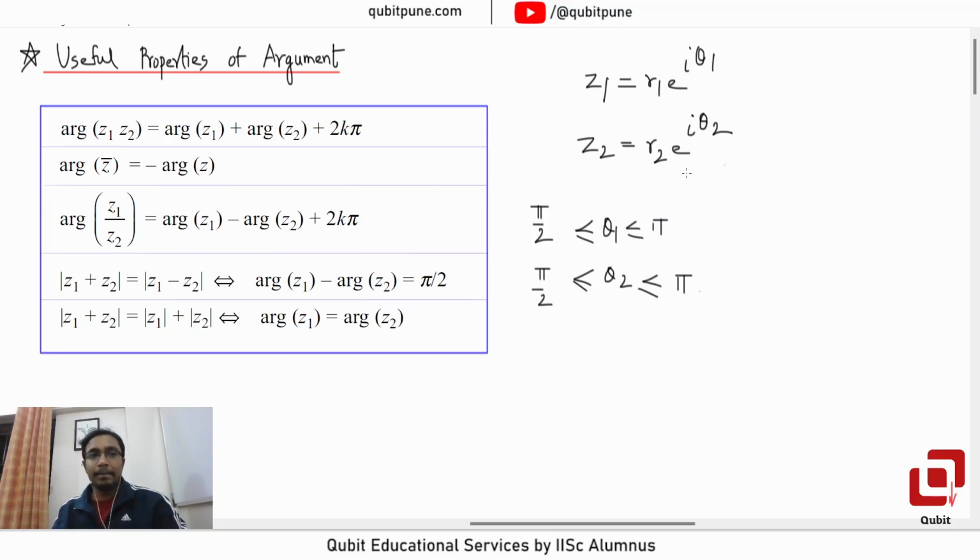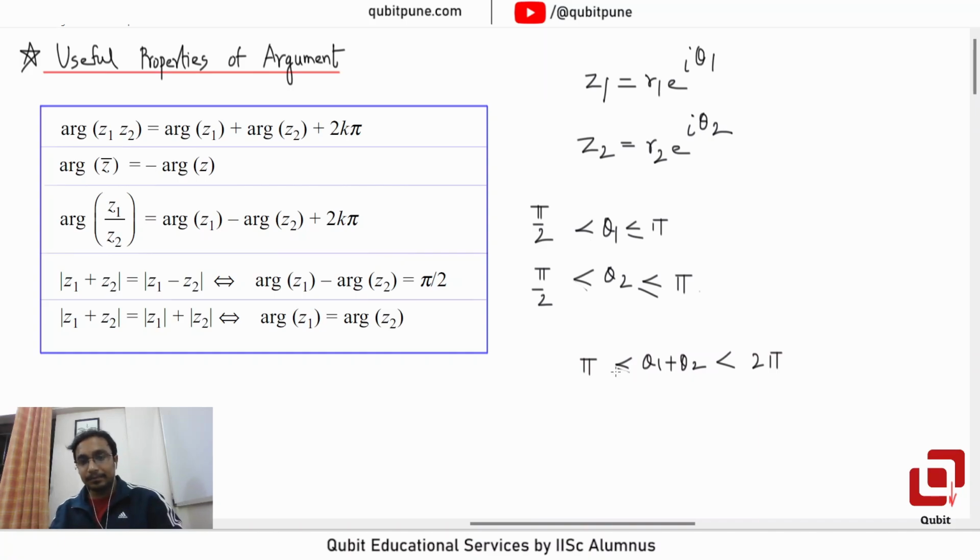But when you multiply z1 into z2, the arguments get added. Now what will happen to θ1 plus θ2? It will actually lie between 2 pi and pi.